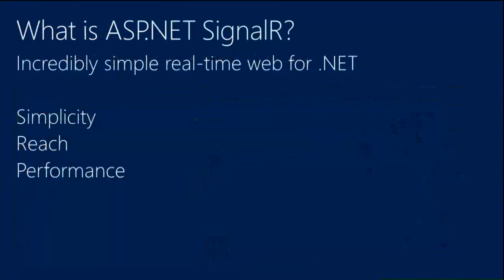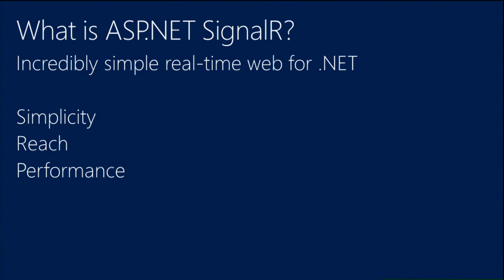So what is SignalR? Simply put, SignalR is an incredibly simple real-time web framework for .NET. We've had frameworks for other platforms, like Socket.io for Node, but we have not had anything that makes it really easy to build real-time applications for .NET.